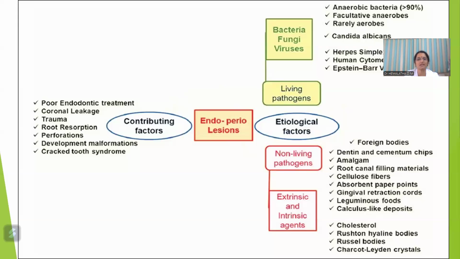And in the intrinsic agents, we have cholesterol, Rushton hyaline bodies, Russell bodies, and Charcot-Leyden crystals. So endo-perio lesions will have both contributing factors and etiological factors. In etiological factors, we have living and non-living. In non-living, we have extrinsic and intrinsic agents.